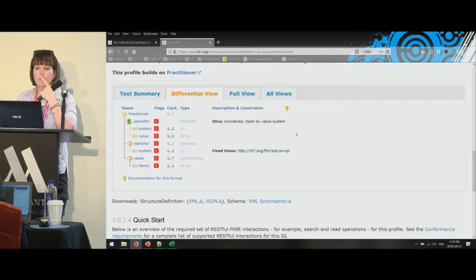Well, this is what you've discriminated on right here, because it's by identifier and it says slice. But I guess the system up at the top is telling you what it's discriminating on, and then the fixed value next to system, that must be an NPI.